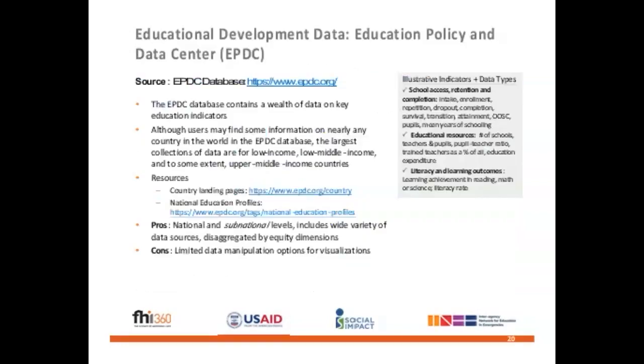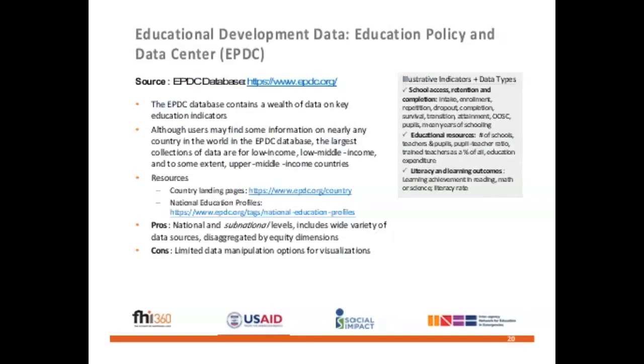So I'm going to move on to the last source that I'll be talking about today, and then I'm going to pass the torch to Daniel. The Education Policy and Data Center, or EPDC, is a database that's managed by FHI 360, and it includes a very extensive wealth of data on key education indicators that's pulled from a variety of sources.